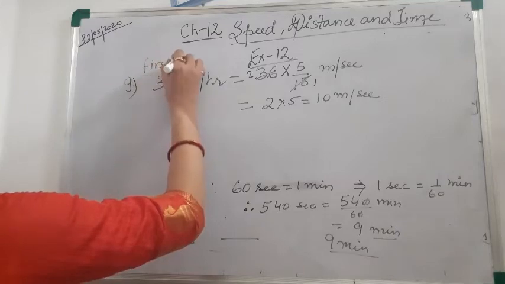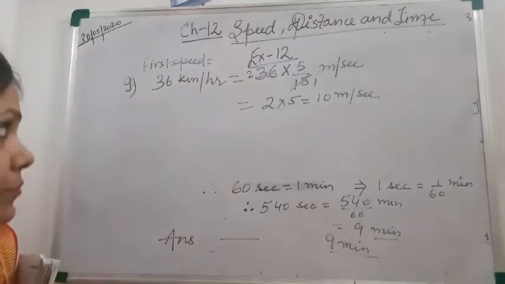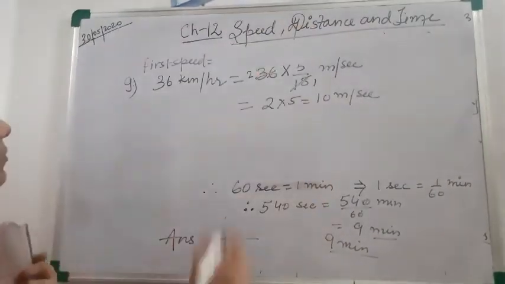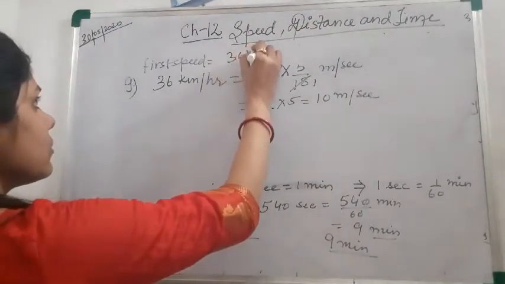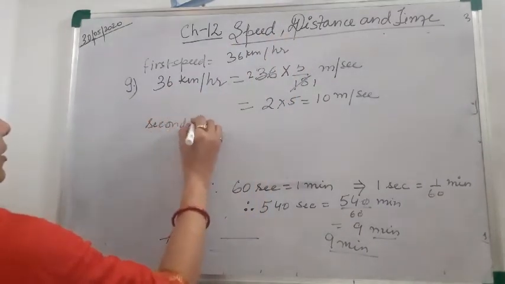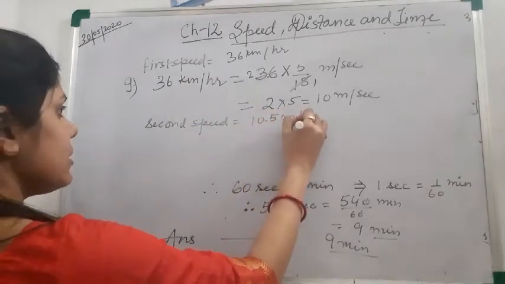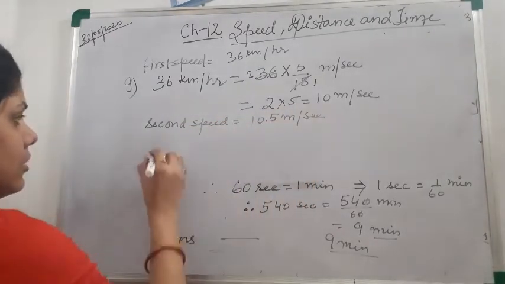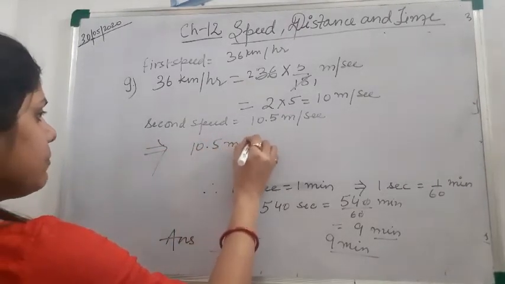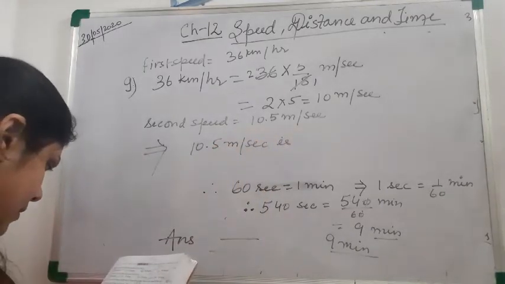First speed is equals to 10 meter per second. Second speed is equals to 10.5 meter per second. This implies 10.5 meter per second is more.